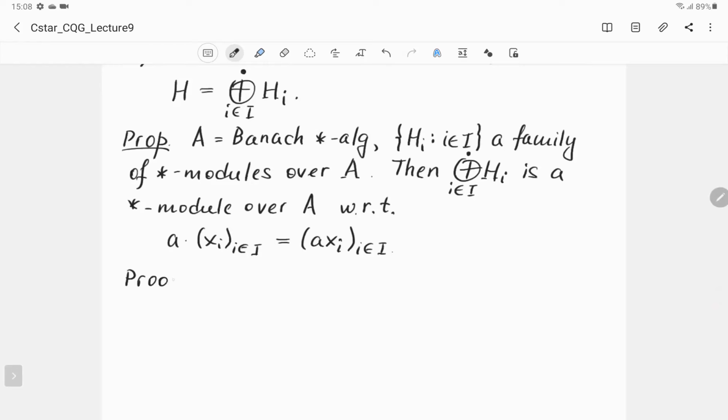The proof is more or less straightforward. The only thing I would like to recall is that each star representation of a Banach star algebra is automatically contractive.